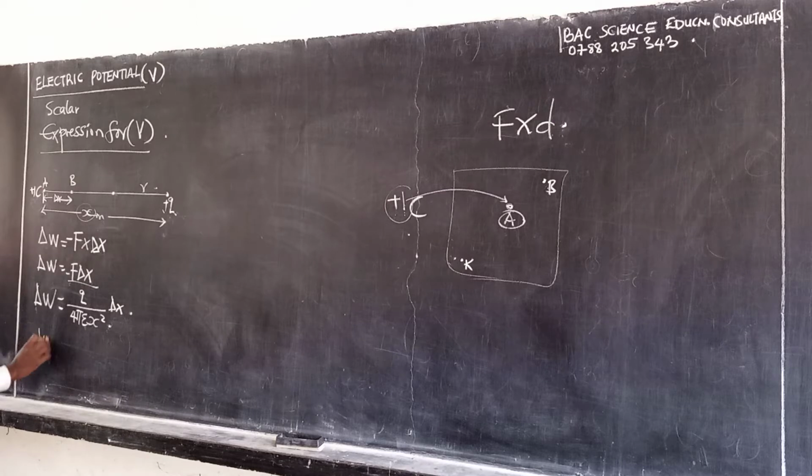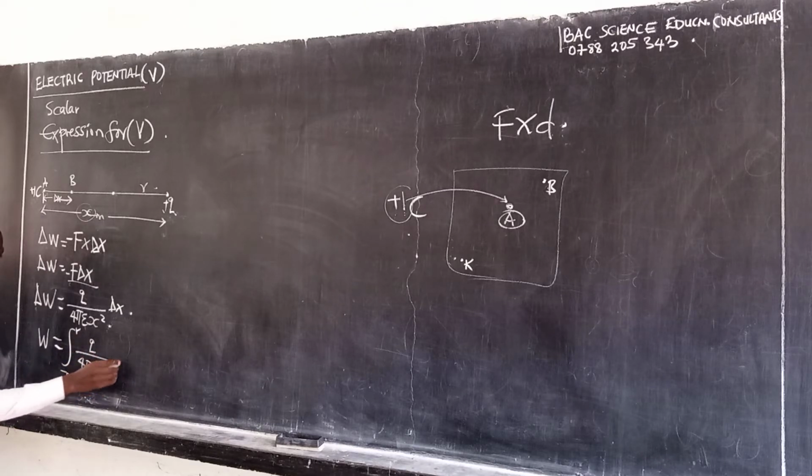So the work done will be the integral from infinity to r of q out of 4 pi epsilon x squared with respect to x. Q is constant, 4 pi epsilon is constant.